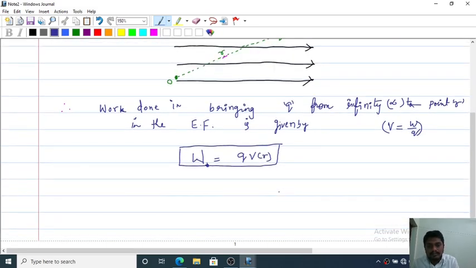And this work done will be stored in the form of potential energy.